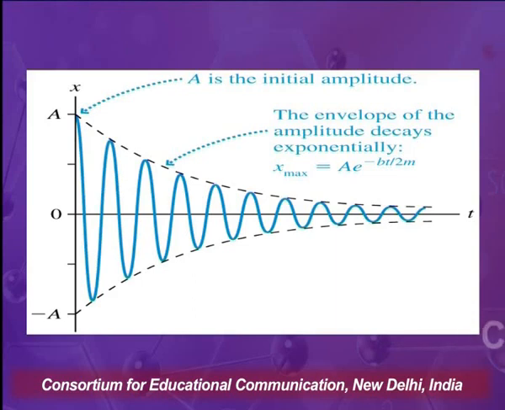That means with time our amplitude decreases. In that condition, x max equal to A e raised to power minus bt upon 2m. So from that diagram you can see how damping is going on.